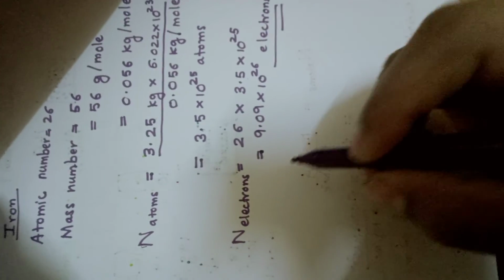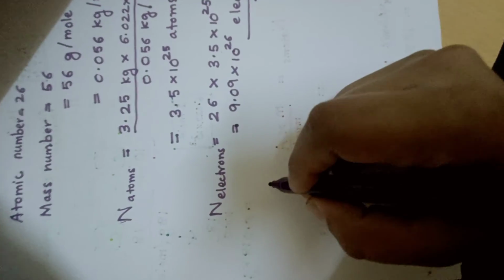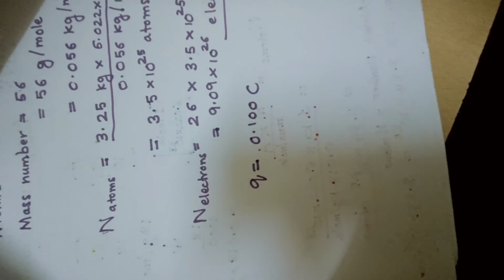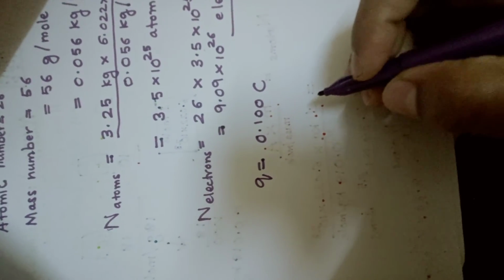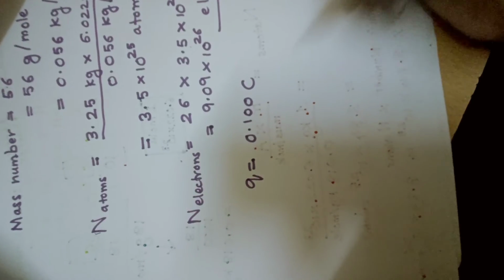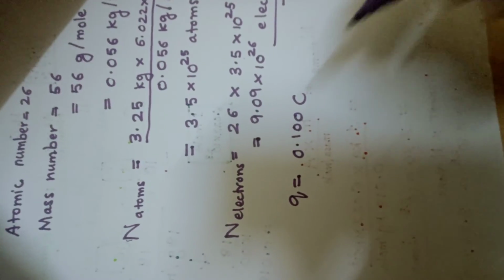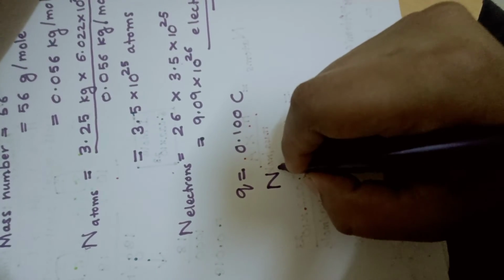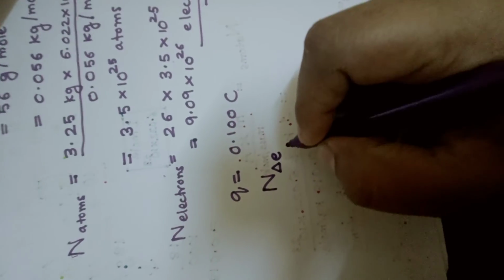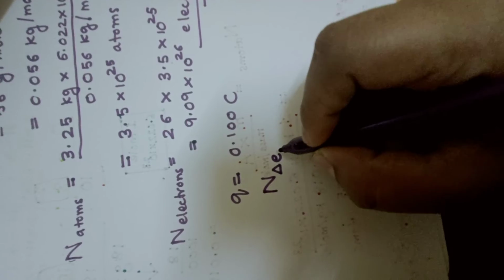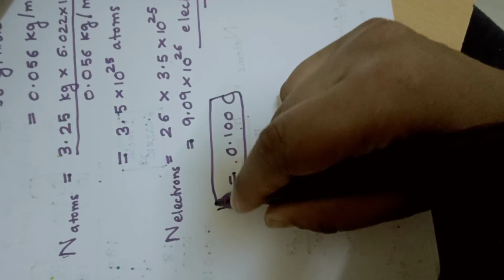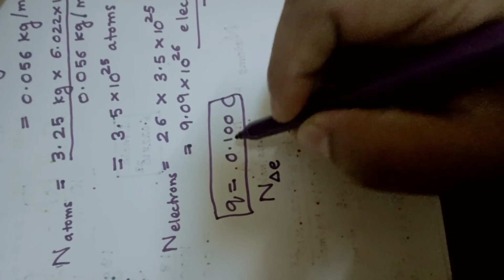Next, in the question it is given that a positive charge of 0.100 coulomb is created. We have to find the number of electrons that iron loses for getting this particular charge. So the number of electrons that it loses, I am going to give it as delta N. The number of electrons lost for this particular charge.